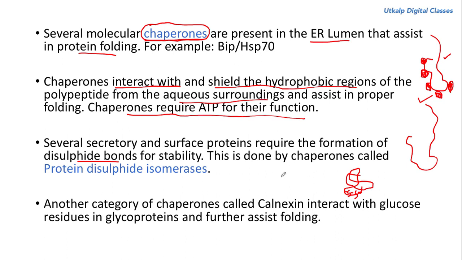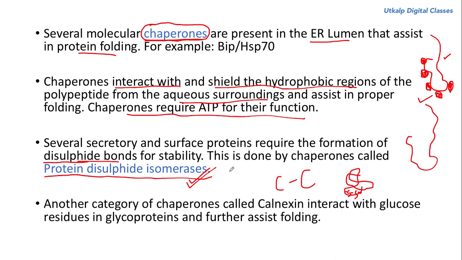Disulfide bonds can form between cysteine-cysteine residues. So there are some proteins in the cell which require the formation of these disulfide bonds for their stability. This is done by specialized chaperones called protein disulfide isomerases, and these chaperones are also found in the ER lumen.